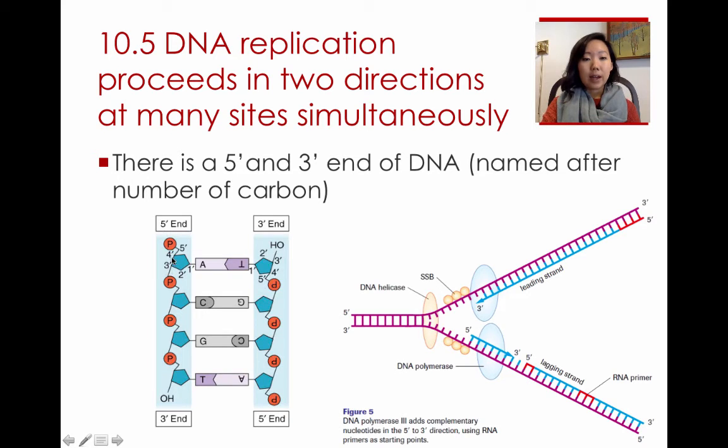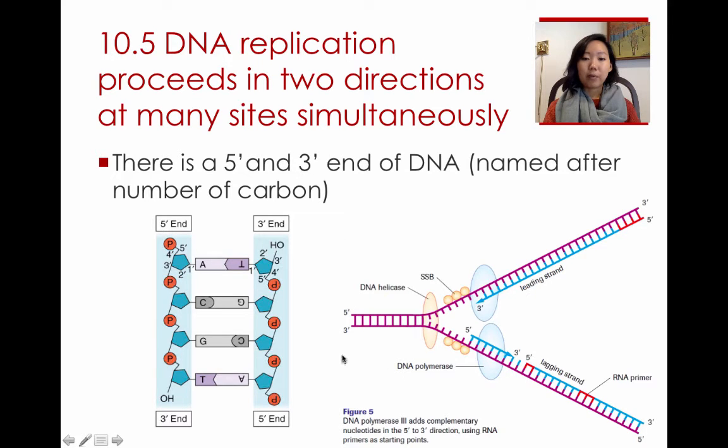Then there's the fourth carbon, and then the fifth carbon is the one that goes off the chain, off of the sugar, and it's directly attached to the phosphate. And so the 5' end of the DNA strand is the one with the 5' carbon, the one directly attached to the phosphate that shoots off of the 5-carbon sugar. This one right here is the 5' end, and the 3' end is when that sugar is flipped upside down, and the end with the 3' carbon, which is attached to the hydroxyl, is pointing up.